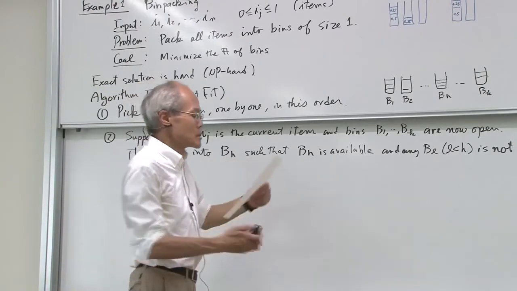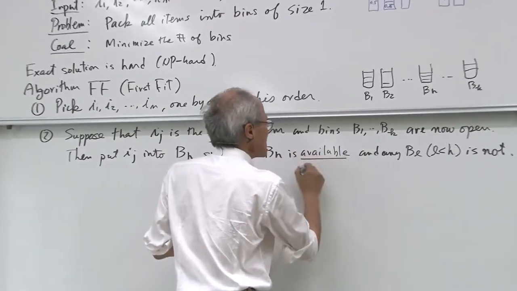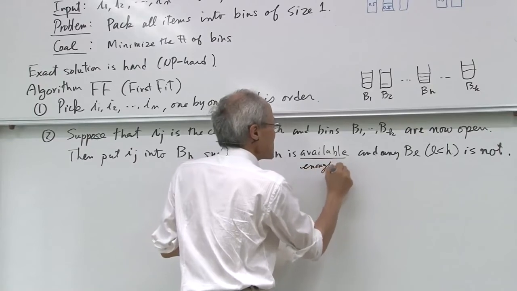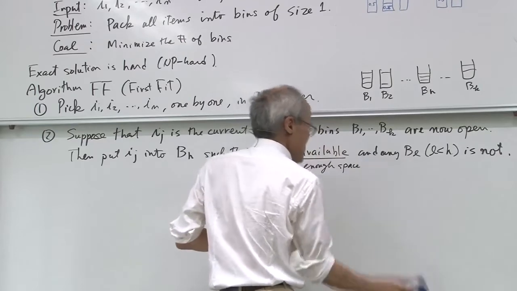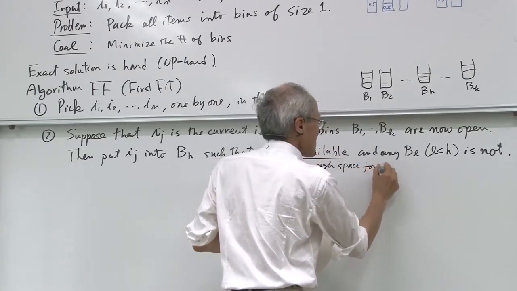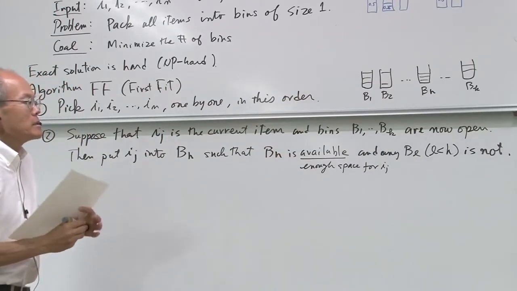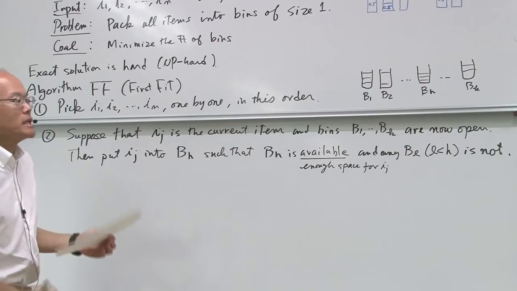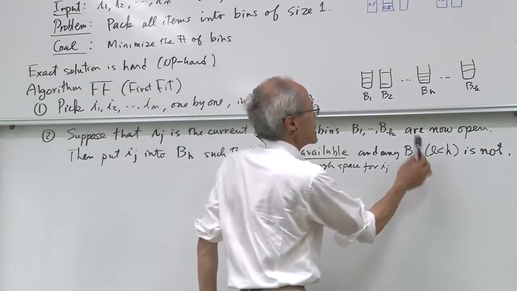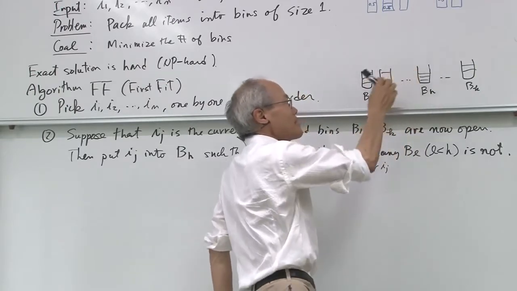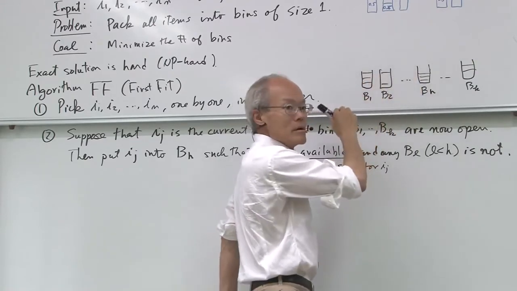That means it has enough space for IJ, and any BL is not available, where L is less than H. So the previous bins are not available.